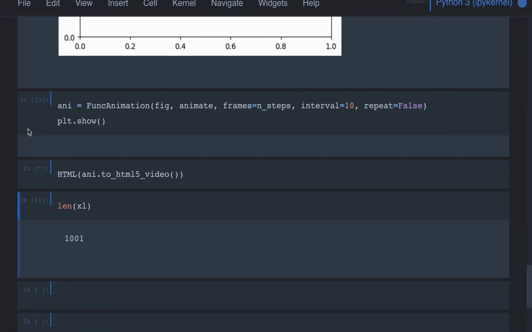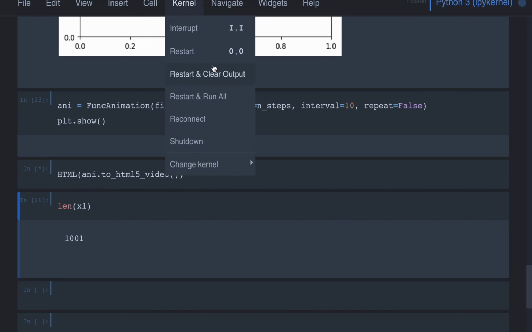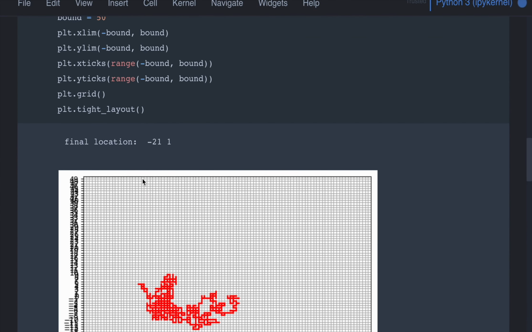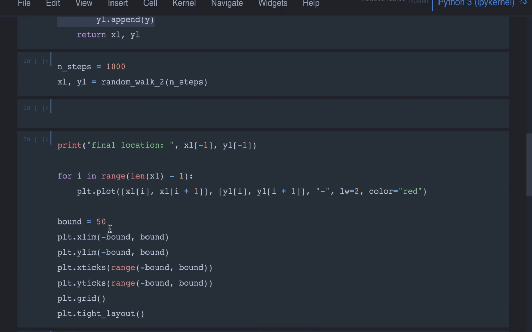It's taking quite some time. All right, well, let's do one thing. Because it is taking longer, maybe we'll just simulate for 100 steps, but we'll do a couple of rounds.